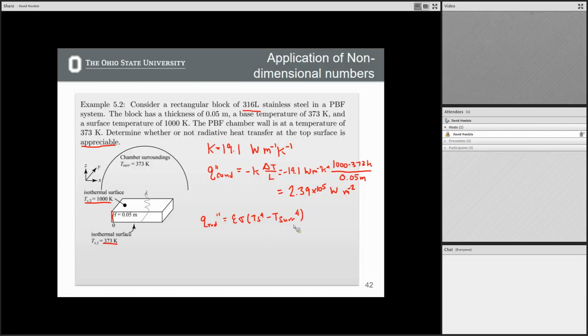This is the surrounding area to the fourth. And then we have epsilon, which we said in the previous slide that we're just going to use 0.35. We're going to use the worst case in terms of what would be the highest emissivity. And just to note, the Stefan-Boltzmann constant, sigma, is this. And this is a fundamental physical parameter.